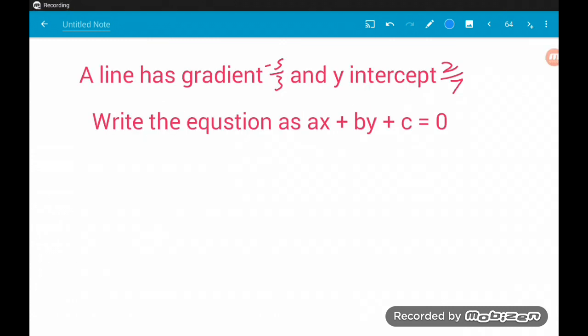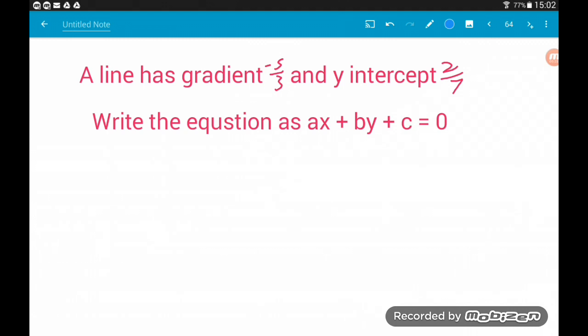Okay, example 3. A line has gradient minus 5/3 and y-intercept 2/7. Write this line in the form ax plus by plus c is equal to 0. Okay, so first of all, we want to use the information that we've got to write the line as y equals mx plus c.